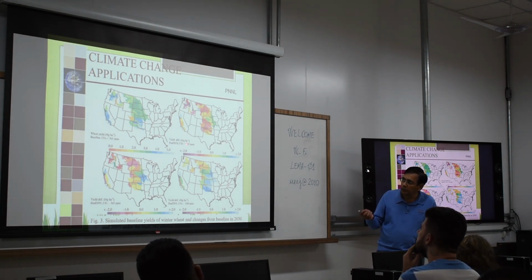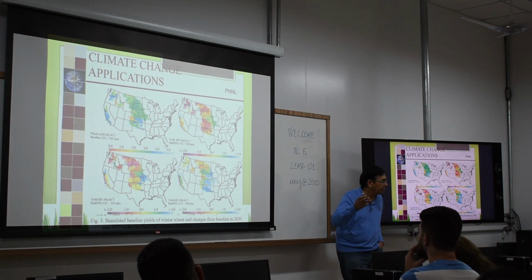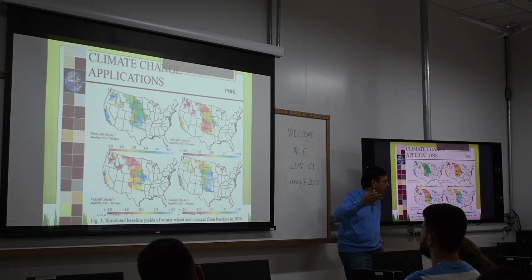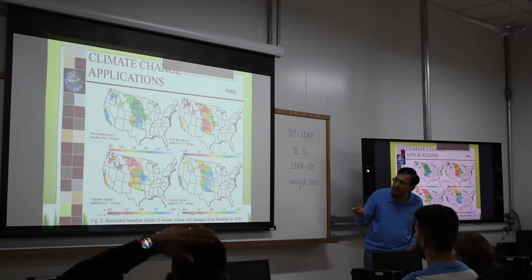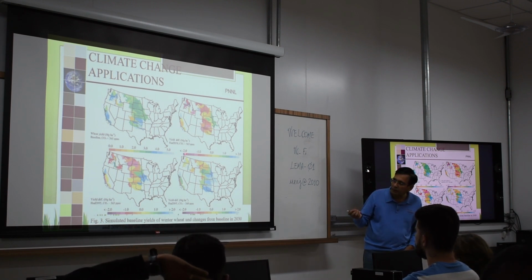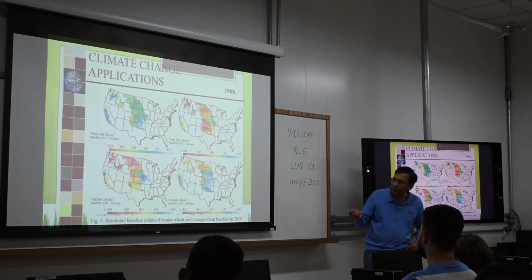If you keep the carbon dioxide level the same, but look at year 2030 and year 2095, this is the future climate change projection based on the temperature and precipitation change in the future. What we are showing you is that if the yield from the baseline is negative, meaning less yield, it will be in a dark color like red.